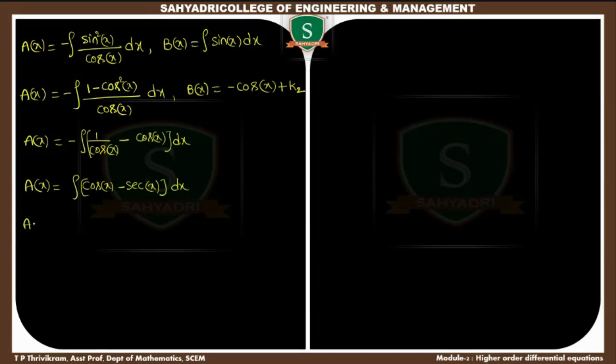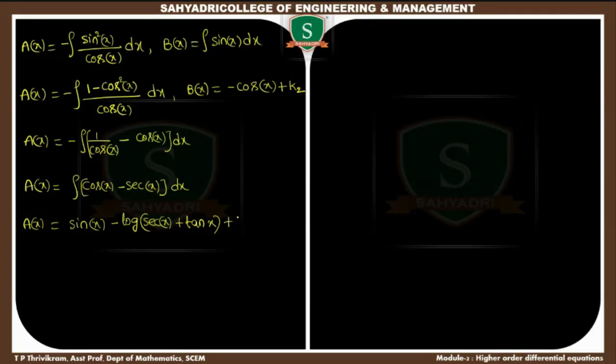Now integration of cos x is sin x minus integration of secant x. This is log of secant x plus tan x. So plus k1 you can write.